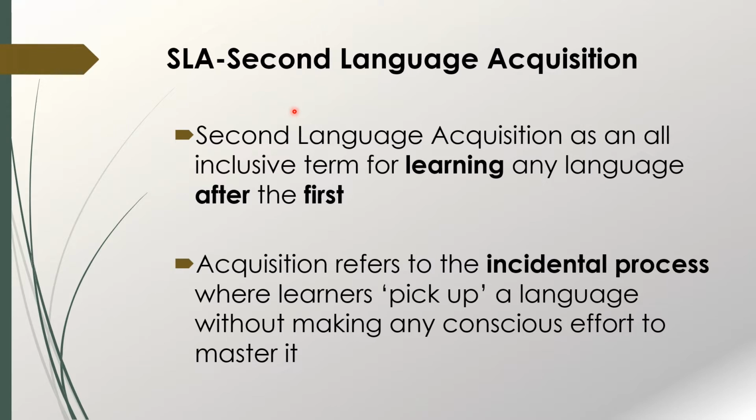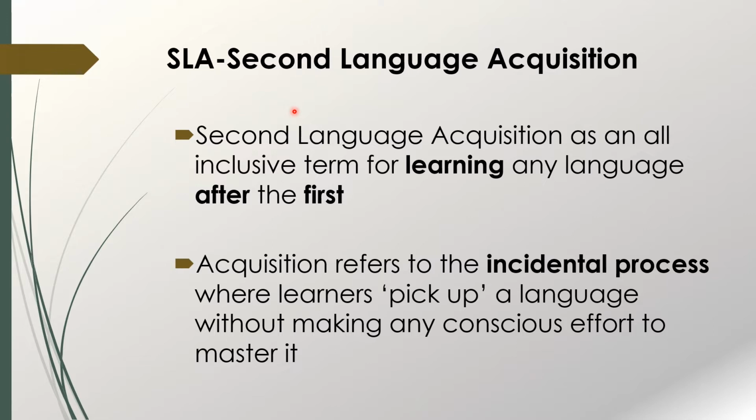So can we consider Arabic as a second language, at least for them? No, we cannot, because if you want to generalize this term second language acquisition, it will be like this, and under this term your Arabic language will be considered a second language.